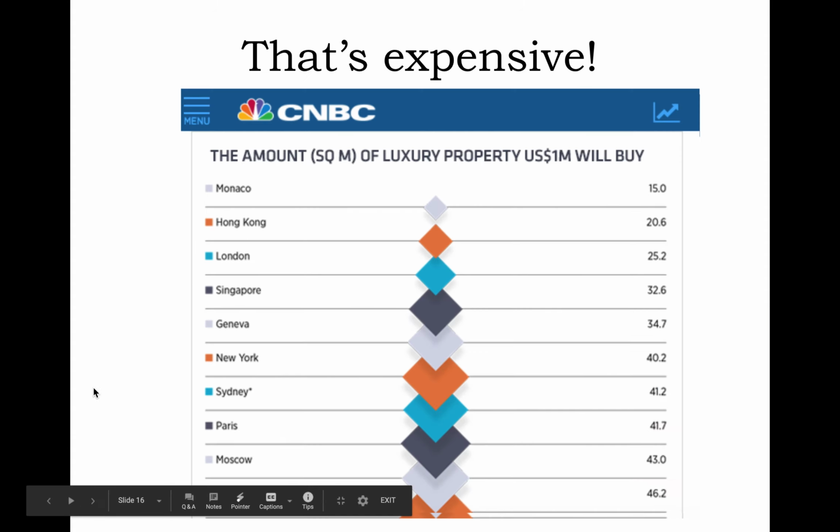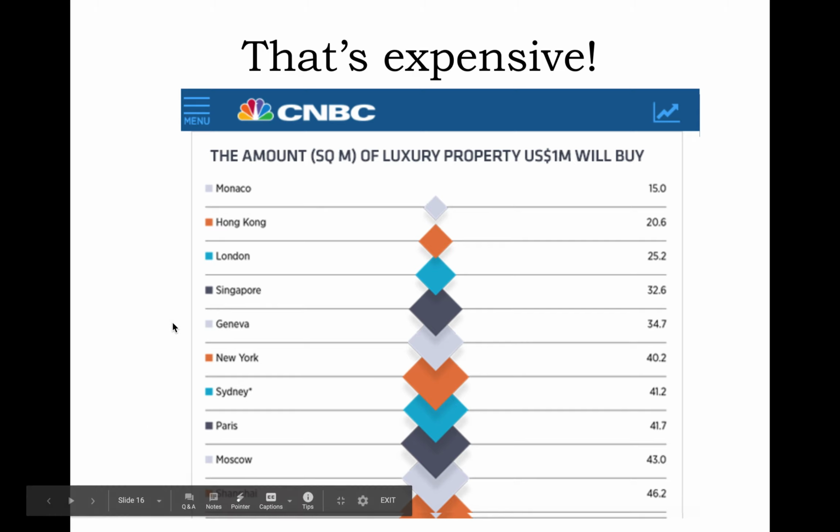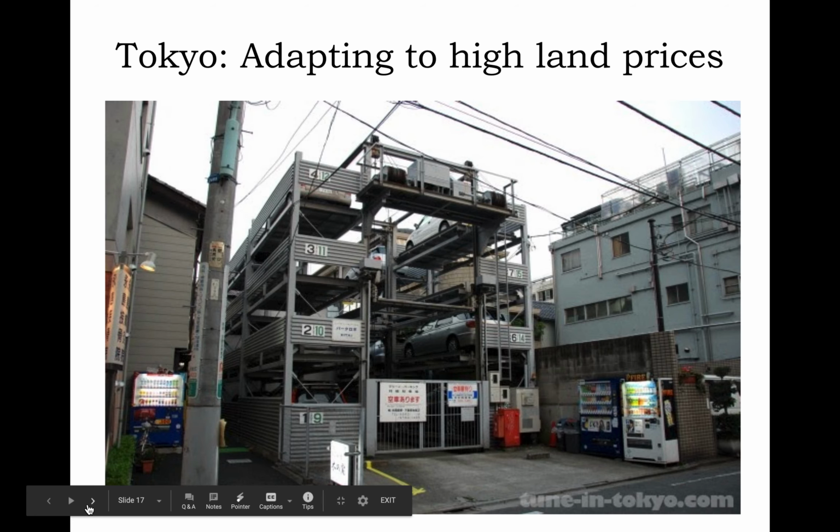And we can look at how expensive it is near the central cities of some of the major cities in the world. Again, we see examples of intensive land use with high prices of land in Tokyo, with this elevator car ramp.